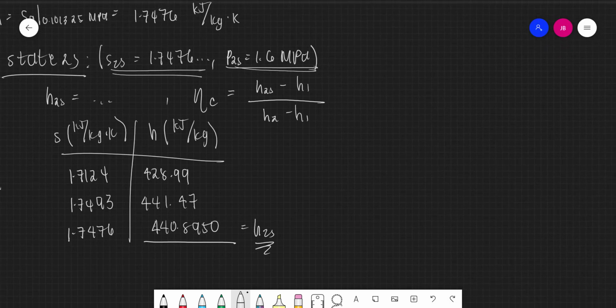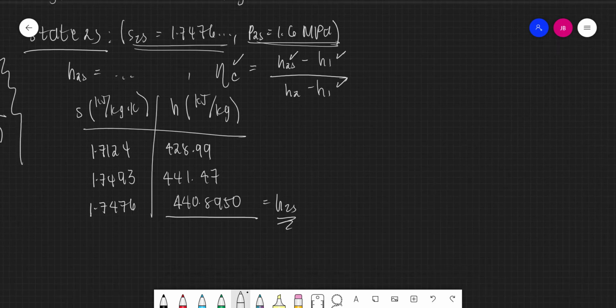Now, if we are going to inspect our compressor efficiency formula, we already know H2S, we already know H1, and eta C is already given, that is equal to 75% or 0.75. We can now just input these values and solve it using our calculator.